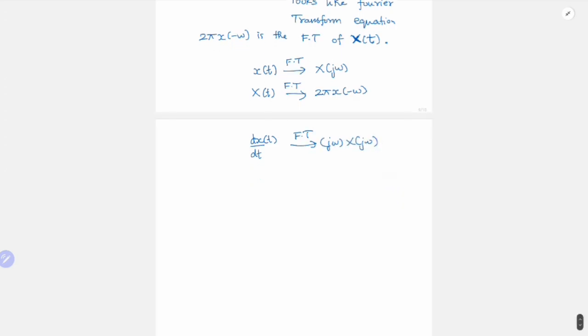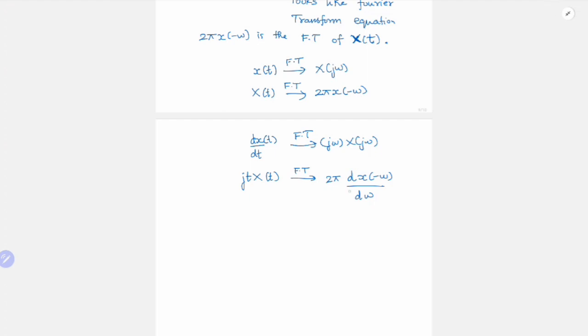Now I want to see what happens if it is jt x of t. What is it going to be, right? Let's say capital X of t. Then it is going to be 2 pi dX of minus omega by d omega. So X of minus omega will just give an extra minus sign, right?